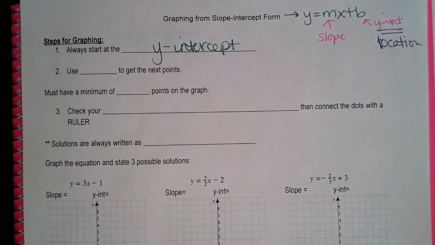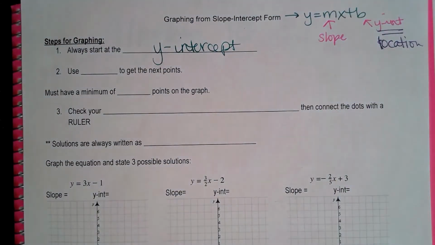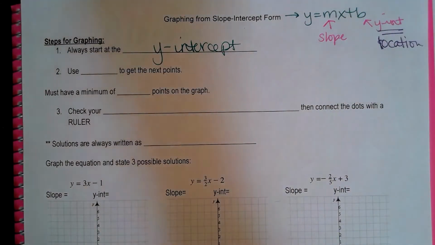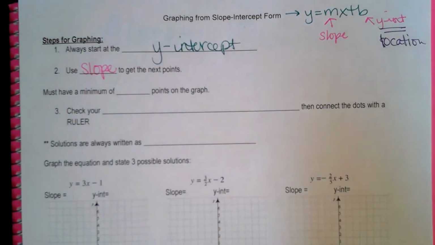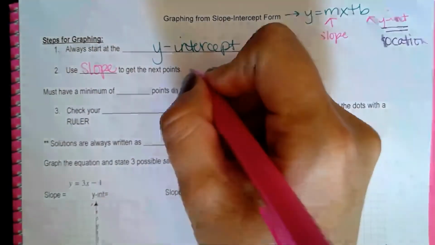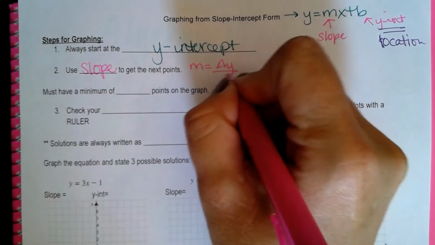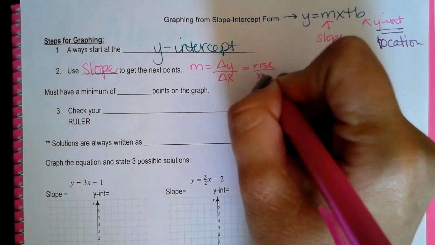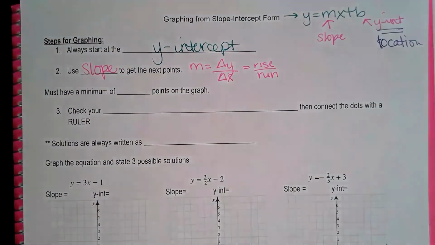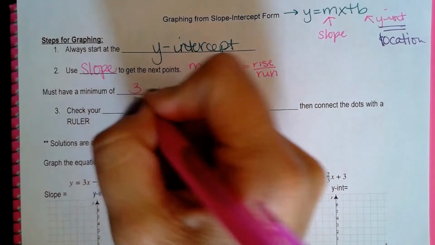Okay, so once we start at the y-intercept, the next thing that we can do is use slope to get the next points. And remember, slope is the change in y over the change in x, or rise over run, whichever one you prefer using. Then it's really important that you have a minimum of 3 points on the graph.